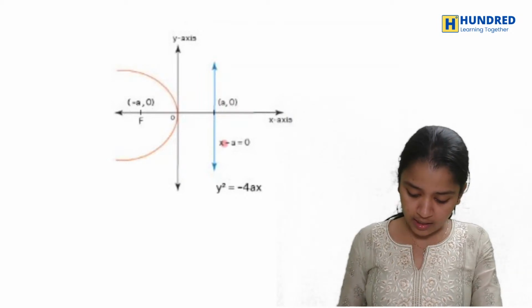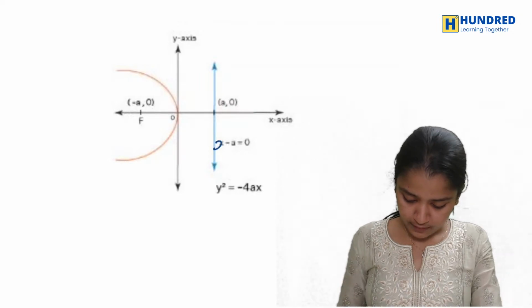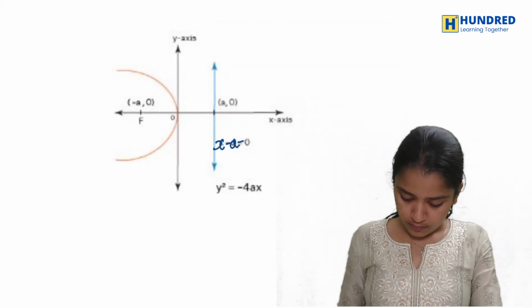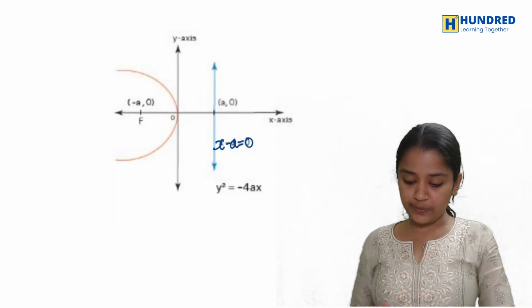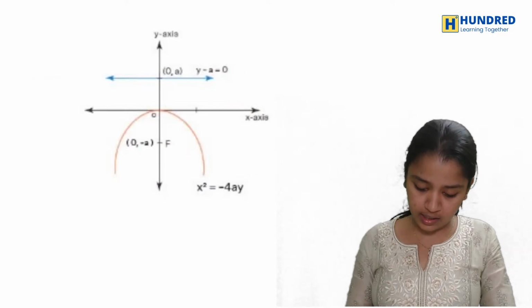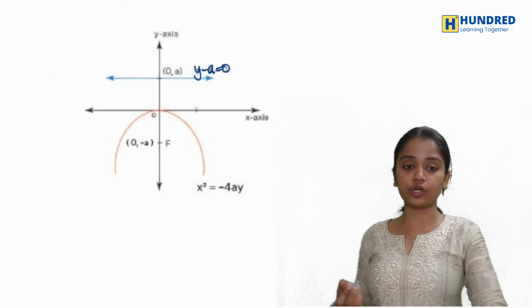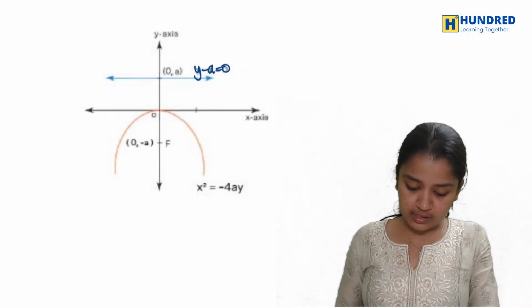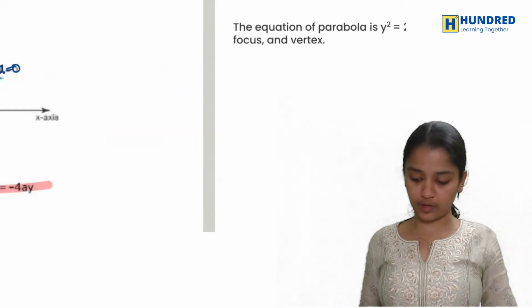And here it is x minus a equal to 0. That is how we'll be doing it, and this is open leftwards. And here this is y minus a equal to 0. That is what you'll be doing. Okay, so this is for your x square equal to minus 4ay.